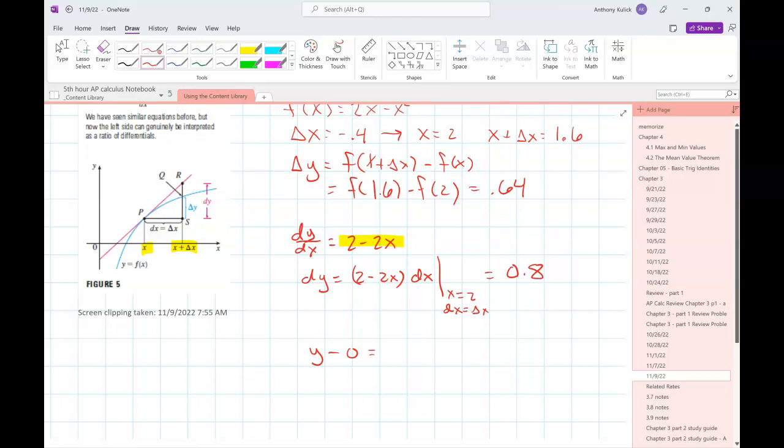I think you dropped, if I plug 2 in here, I get 2 minus 4, so -2. And dx is -0.4, so I have 2 negatives being multiplied. You probably just dropped a negative somewhere in there.